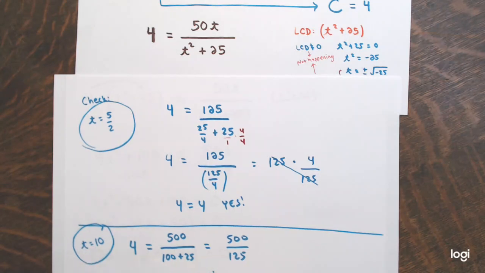It's an interesting one. How would I have a concentration of 4 milligrams per liter at these two different times?